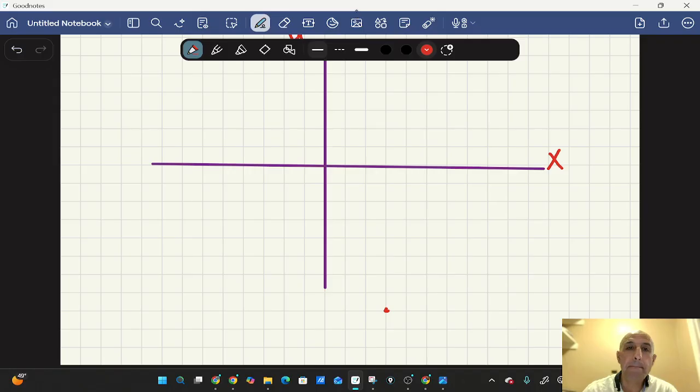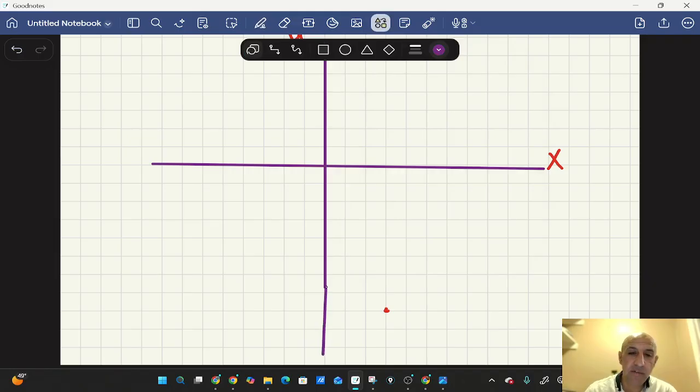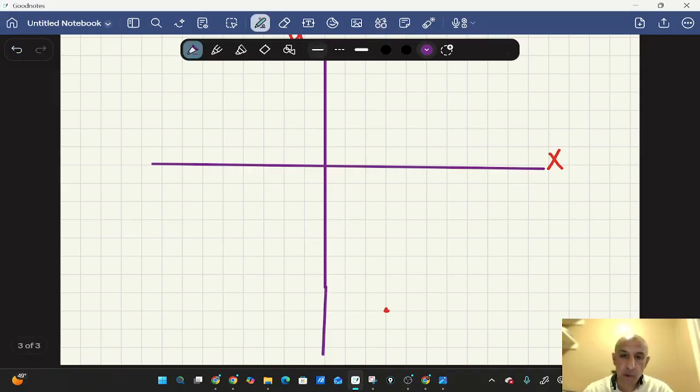Let me try now to extend the y-axis like this. Okay, so here is (3, -8) as the vertex.